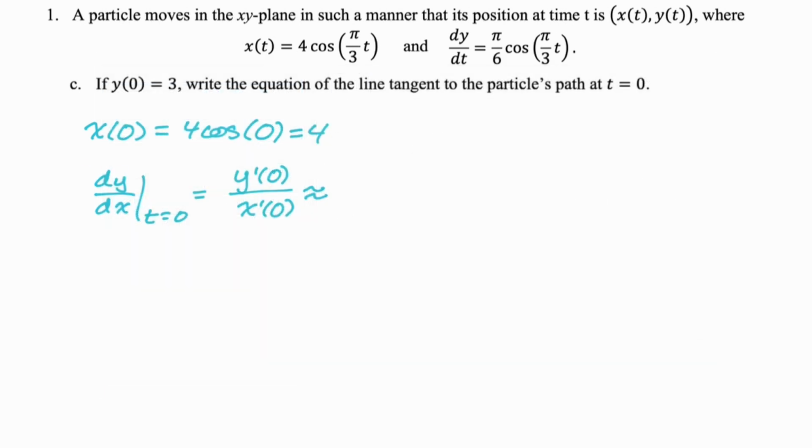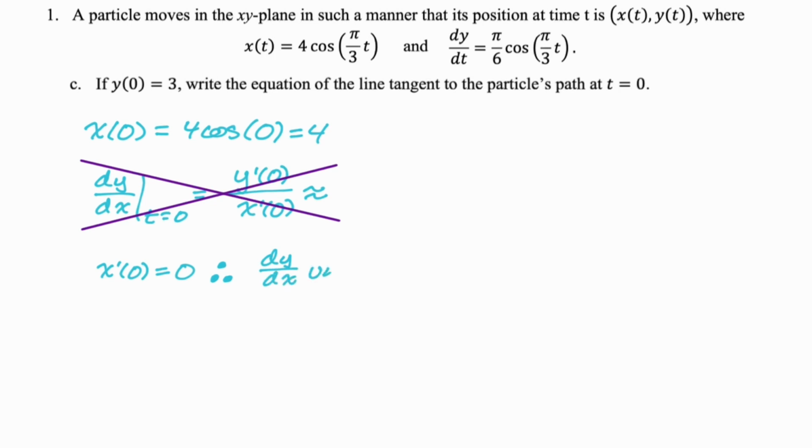Okay, so that's problematic. It turns out that x prime of 0 is 0, which means we are dealing with a vertical line, right? If x prime of 0 is 0, that means dy dx is undefined, which means that our tangent line is actually a vertical line.